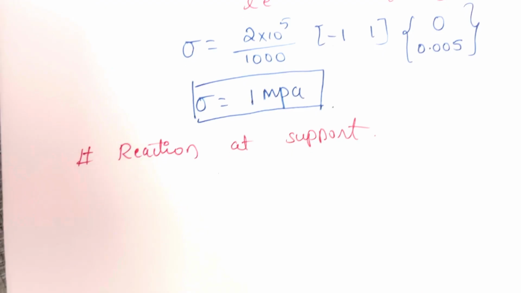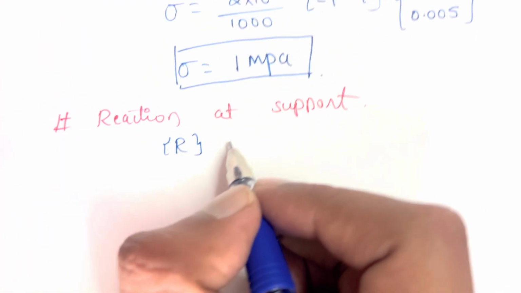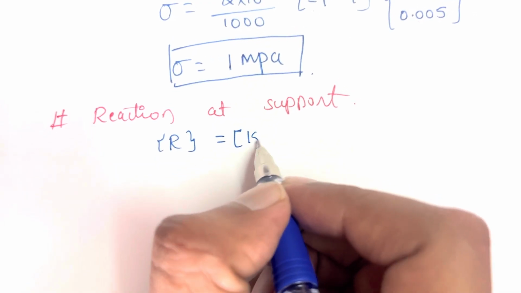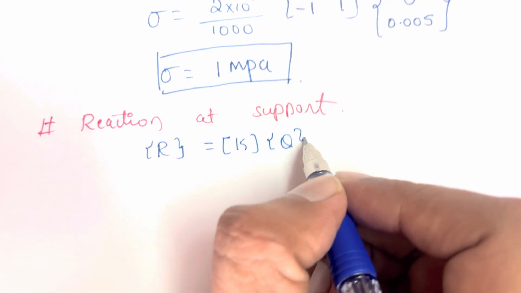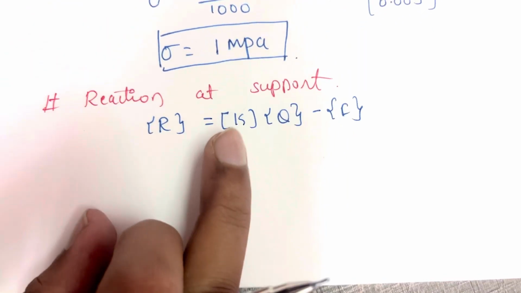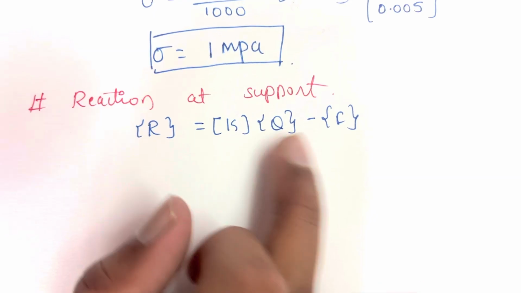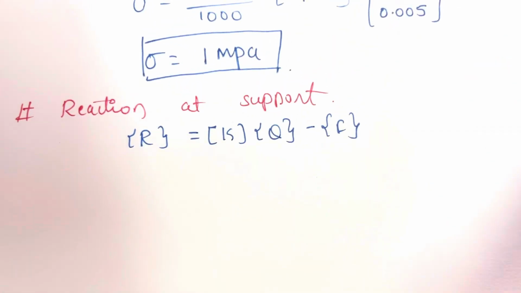For this we have the formula: R is equal to KQ minus F. We know already K, that is the global stiffness matrix, Q the global displacement vector, and F the load vector. Just substitute the values.